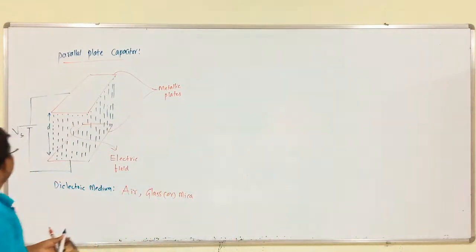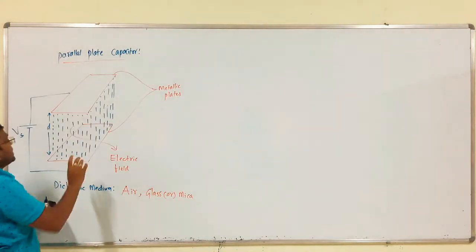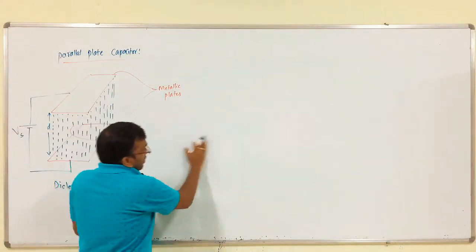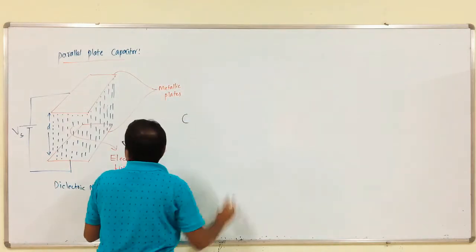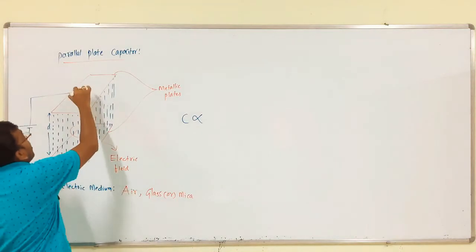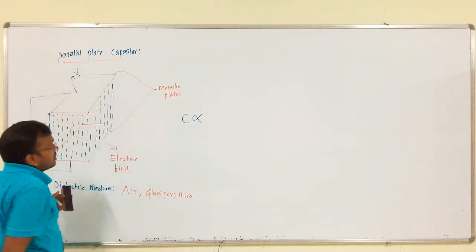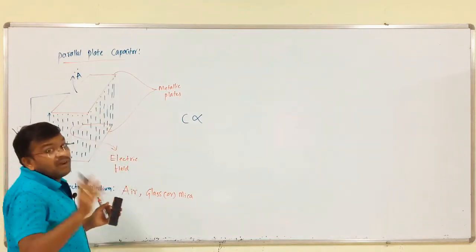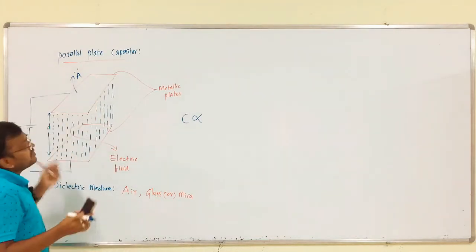So, the distance between these two plates is nothing but d. The value of capacitance is proportional to the surface area of these plates and inversely proportional to the distance between these two plates.